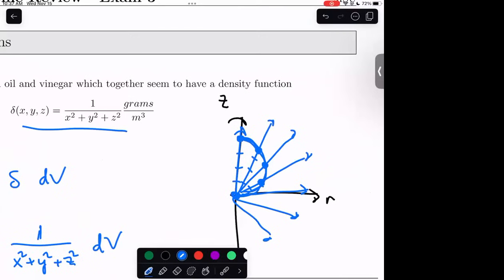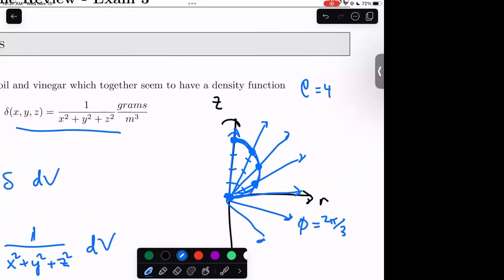And if you plug in a phi value of 2 pi over 3, the cosine of 2 pi over 3, your calculator will tell you, is negative 1/2. So that means that your rho value is going to be 4 times cosine of 2 pi over 3. So again, that's negative 1/2. You're going to get negative 2.